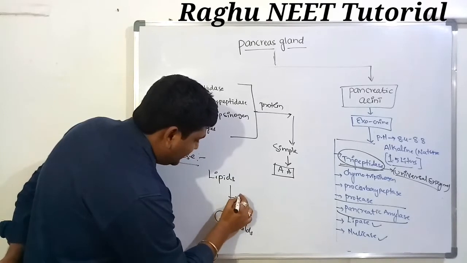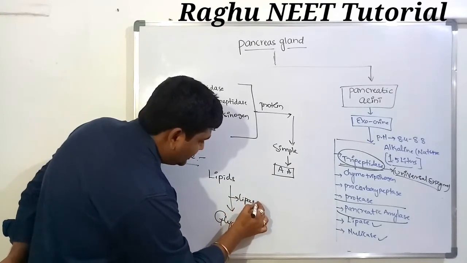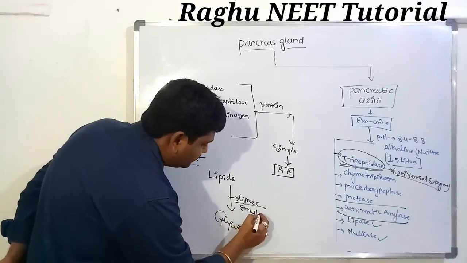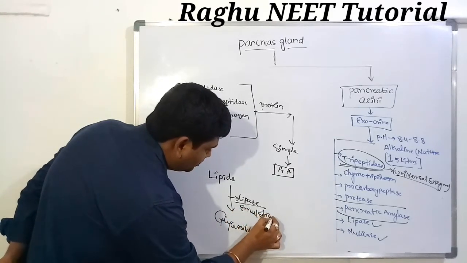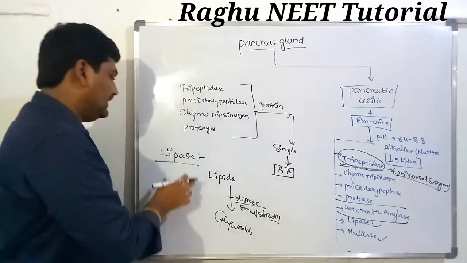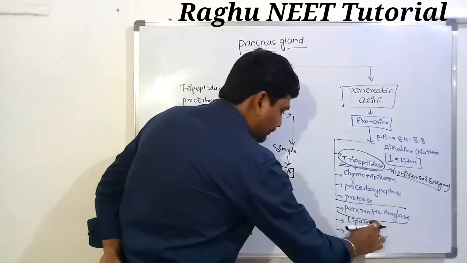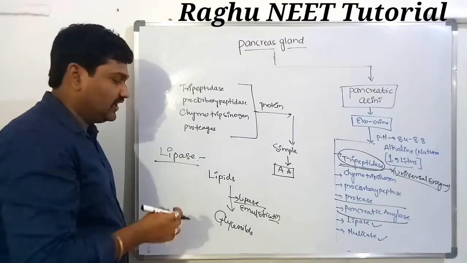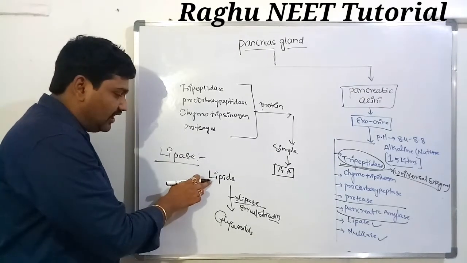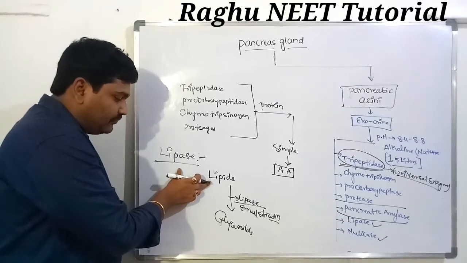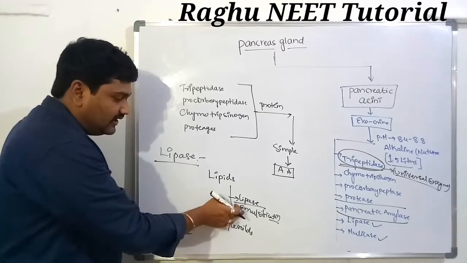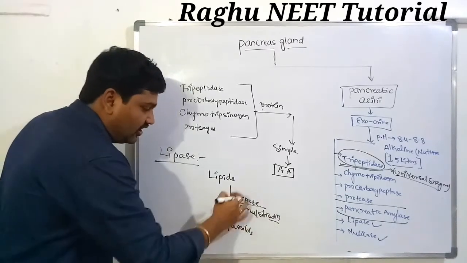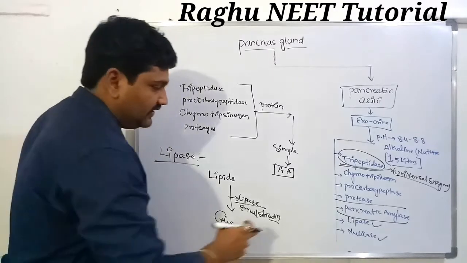In the presence of lipase, emulsification of the fats occurs. Lipase is one of the enzymes. It is secreted through the pancreatic acini into the small intestine region. When the lipases act, the lipids are converted into simple glycerol. Presence of lipase converts them into simple glycerol, acting on emulsification.